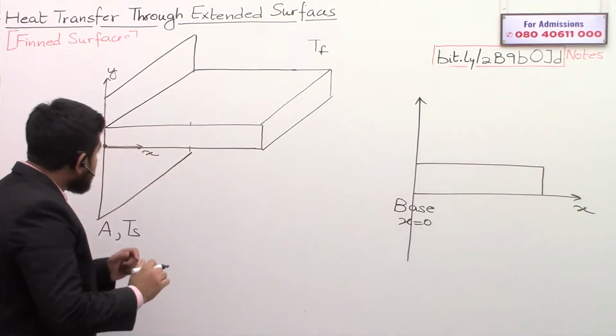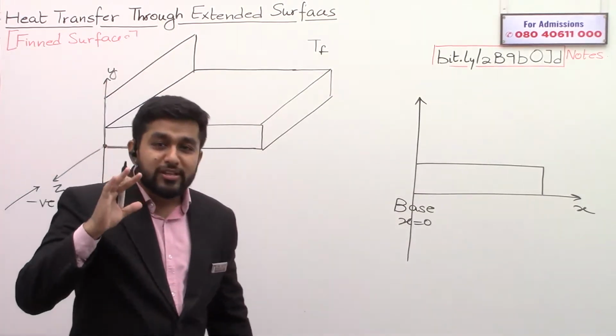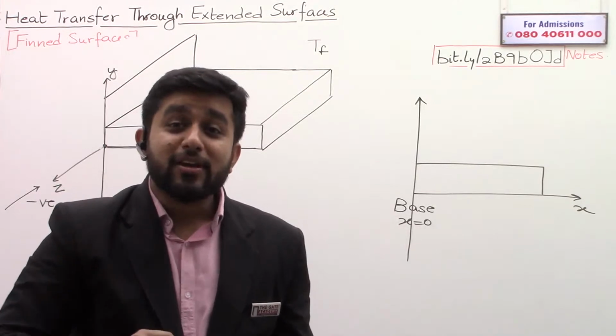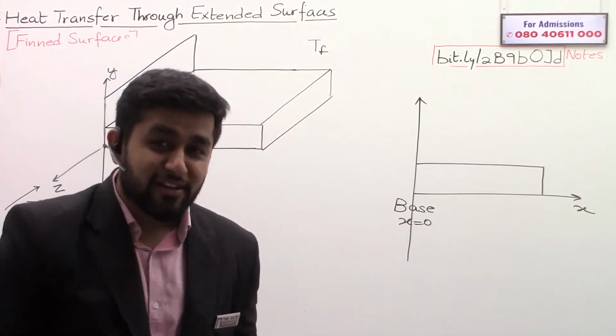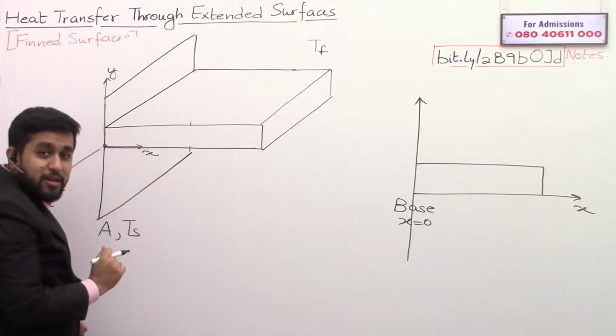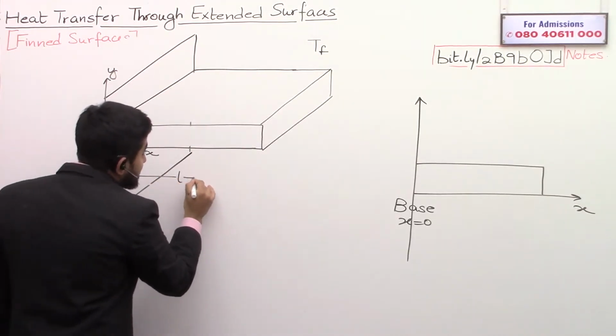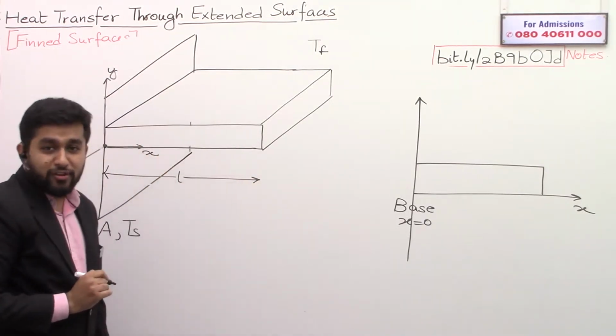I hope you can realize that yz is the plane of the surface. So x will be the direction perpendicular to the surface, right? So the side of the fin perpendicular to the surface, that is along the x-axis, we call the length of the fin.